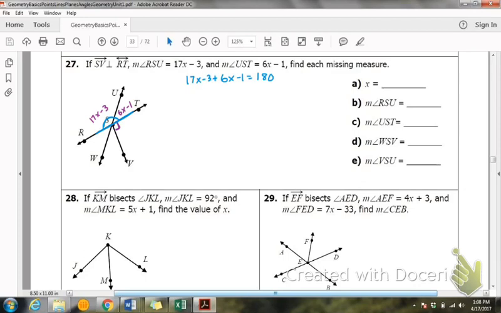Does that make sense to you guys? Anyone have questions on that part? Where they add up to be 180? Okay. I would like you to solve for x.